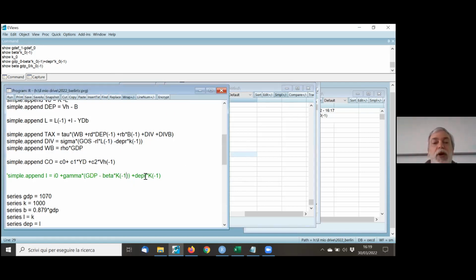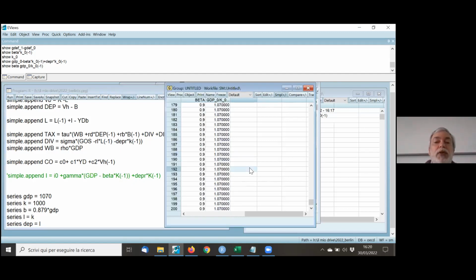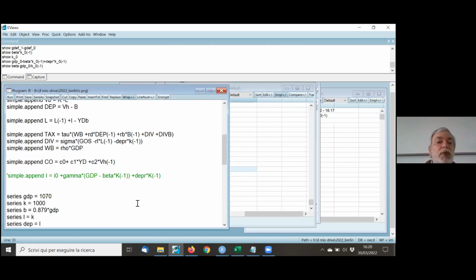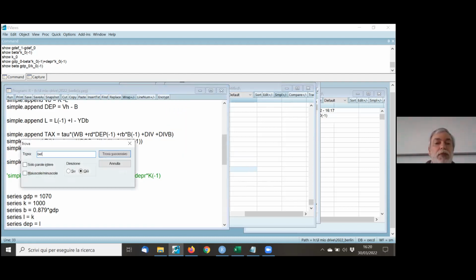I don't know if you're following me. I want to have a value of gamma smaller than 1, but such that when I multiply this by gamma, I get 0 at the beginning. So if beta is 1.07, this should be feasible.